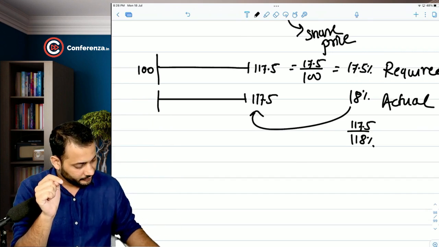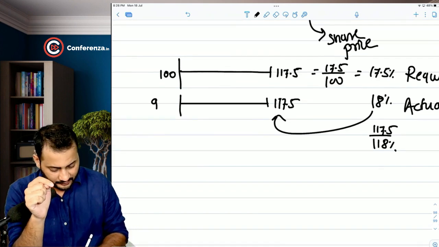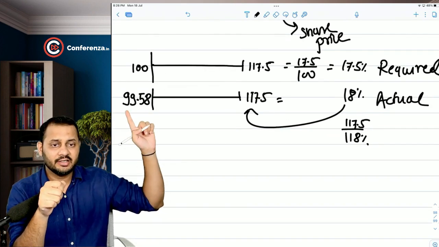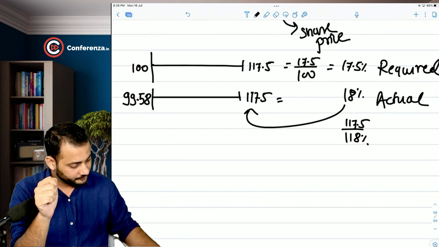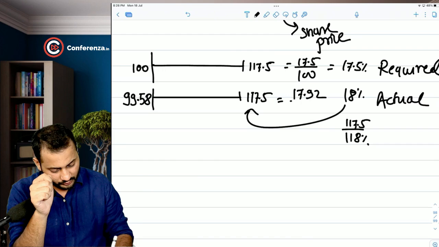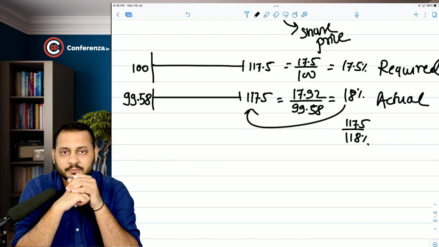So 117.5 divided by 118%. The actual price at which you purchased the share is 99.58. When you purchase the share at 99.58, the return will be 17.92 on 99.58 and it will come to 18%.